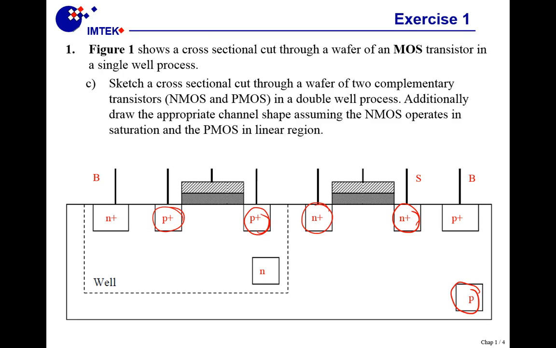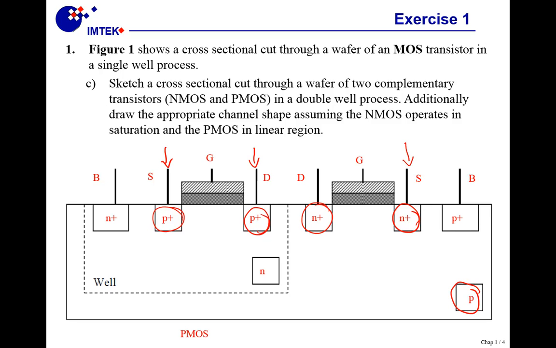Now I define this as my source. Of course, this is the gate, and the next one is the drain. We identify very clearly where the gate is of the transistor inside the well. We define this terminal as our drain, and this terminal as our source.